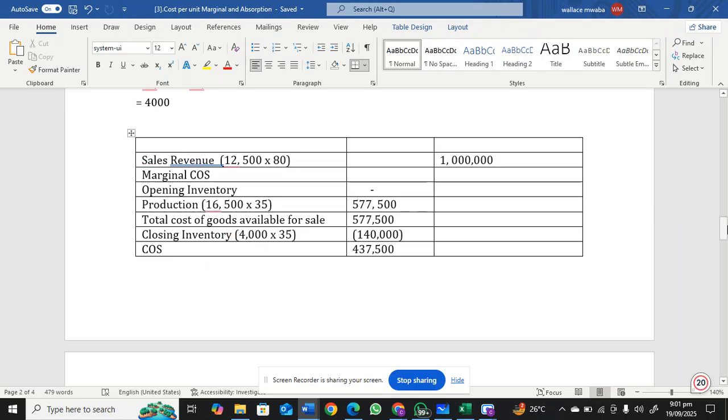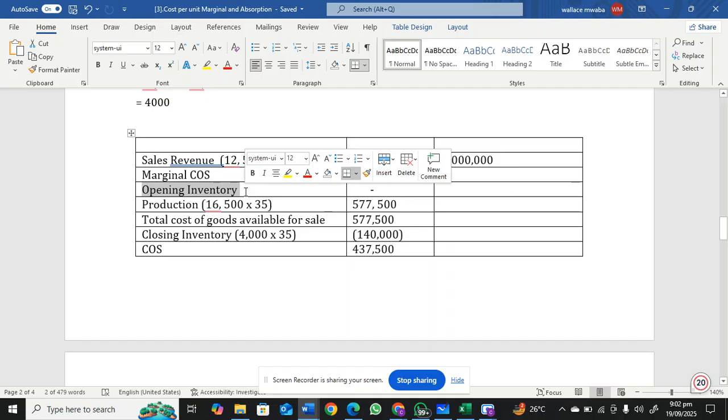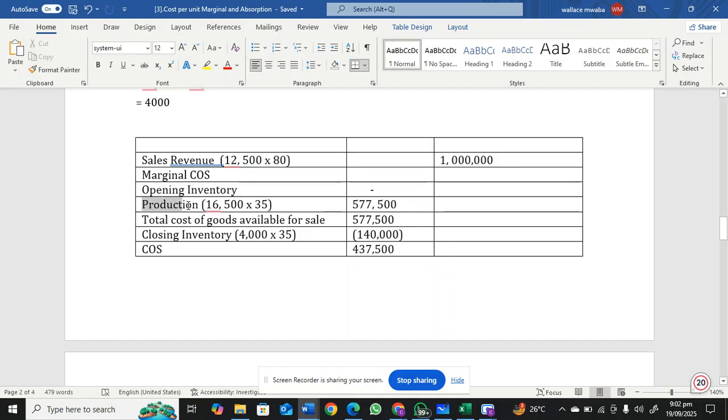Then, when making this marginal costing profit statement, as always, you begin with your sales revenue. Next, you want to calculate your cost of goods sold. Start with the opening inventory and value it at the production cost per unit. Then you look at the units produced and value them at the production cost per unit.